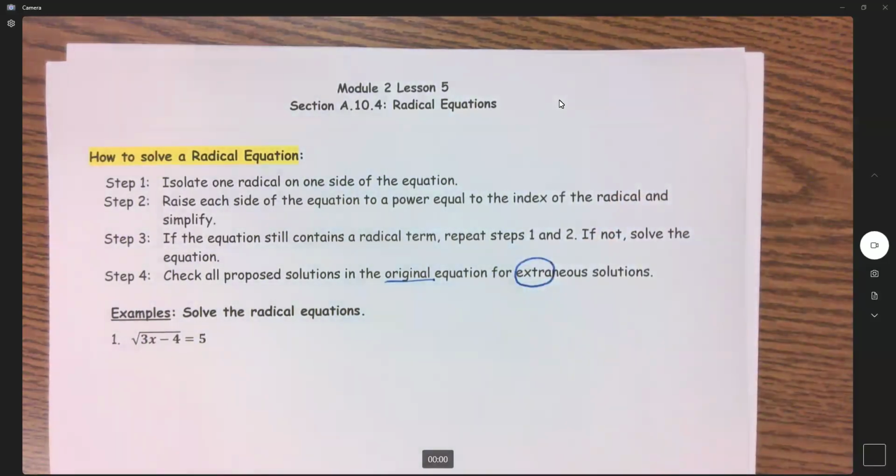Sometimes we're going to get extra solutions that are not actually solutions. We're going to solve all of these problems correctly. We're going to go through the right steps. But then when I substitute it back in, it does not work. So we have to check it.